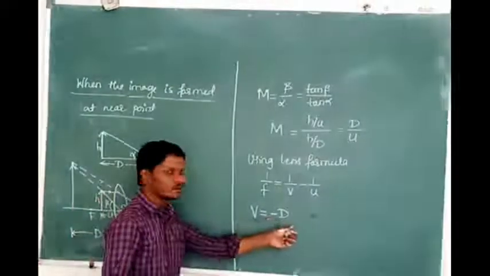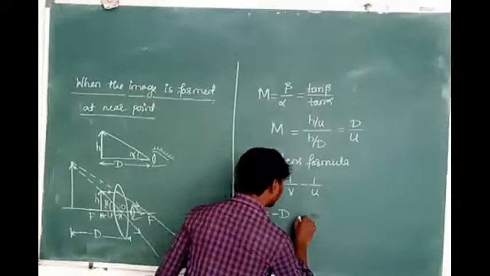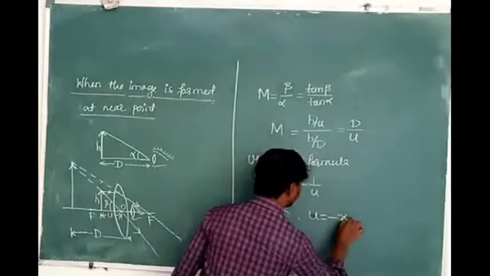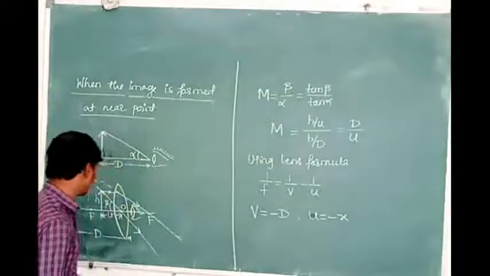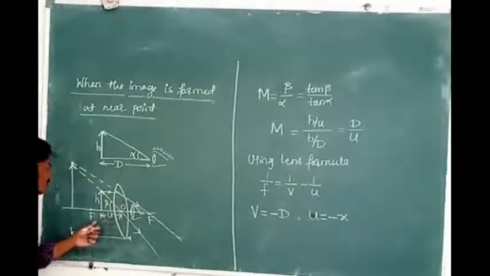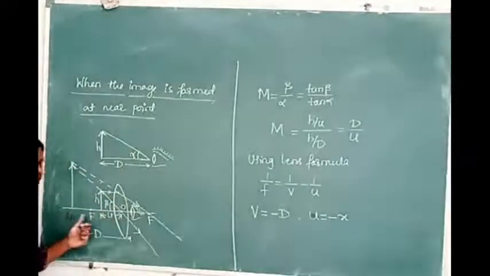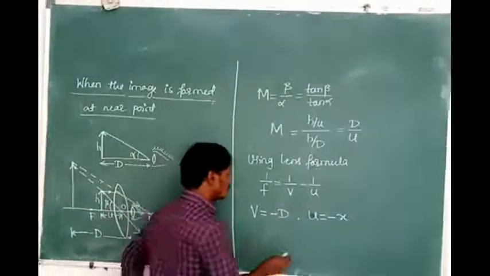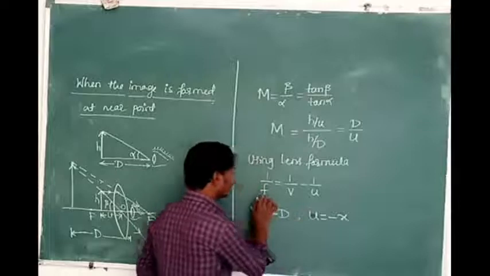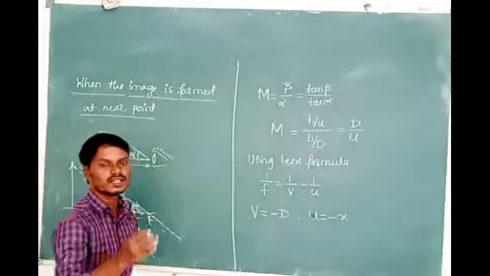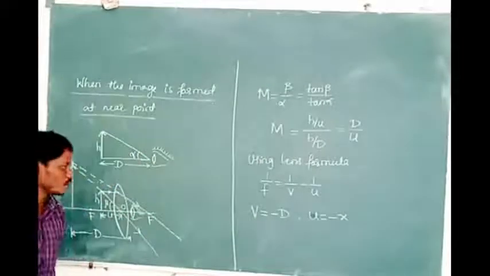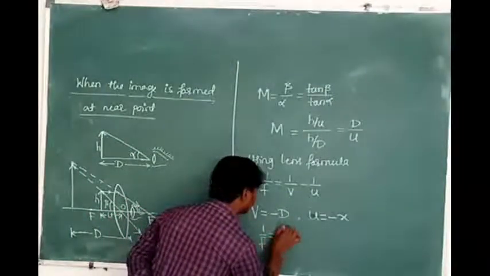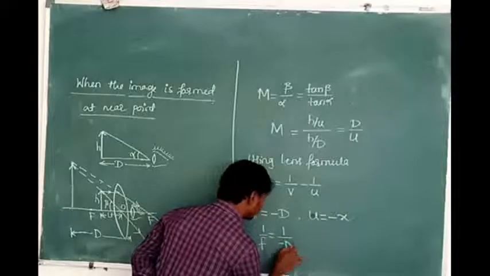That is v is equal to minus D. And what about u? u can be taken as minus x, because this is also at the left side, in the opposite direction of the incident light. But focal length is positive only. The focal length of a convex lens is always positive. Then we write 1 by f is equal to 1 by minus D.